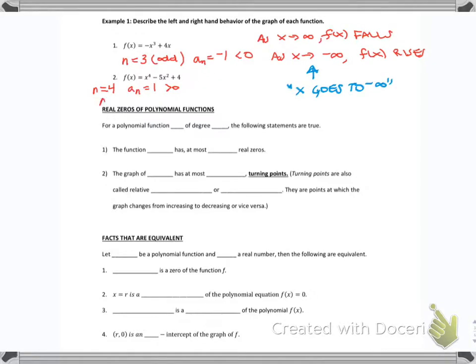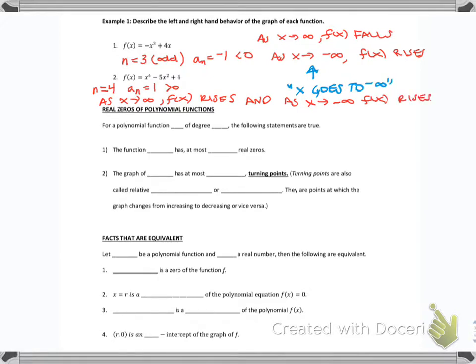So we would say as x goes to positive infinity, f of x rises, and as x goes to negative infinity, f of x falls. Okay. Or you could have said as x goes to plus or minus infinity, our function rises. Oh, rises. What am I doing? Sorry, you all.